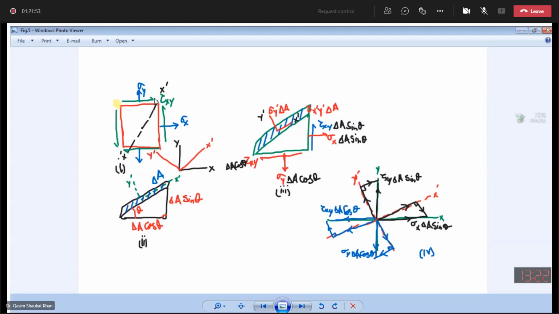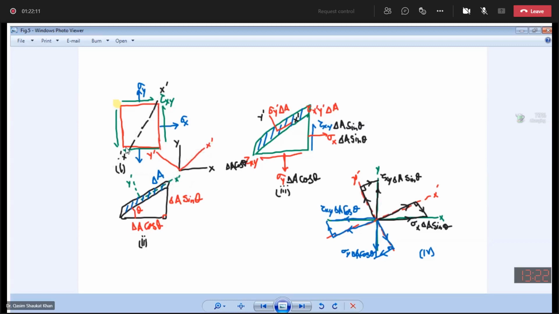So now we have cut the section. So this is your x dash axis and this is your y dash axis. So now I have to cut the section about x dash axis. Okay? So now I will cut the section about x dash axis.